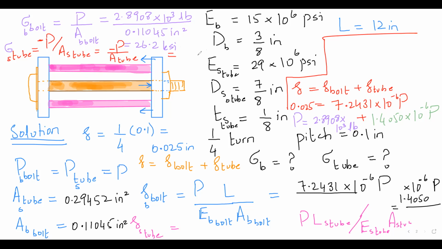You put the value of negative here and you get minus 9.82 kilo pound per square inch. Because when you are tightening it, the brass wants to come like this, but the steel tube will be under compression. So it's in compression, we said it's minus.